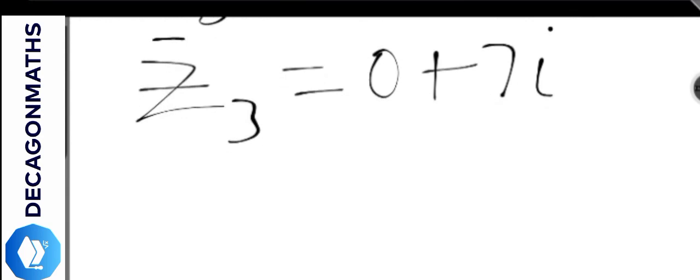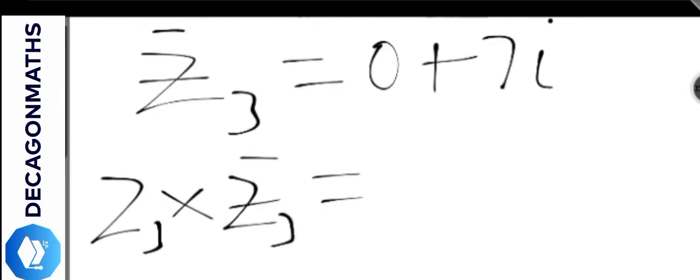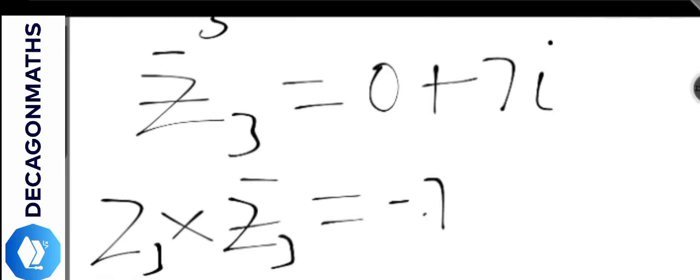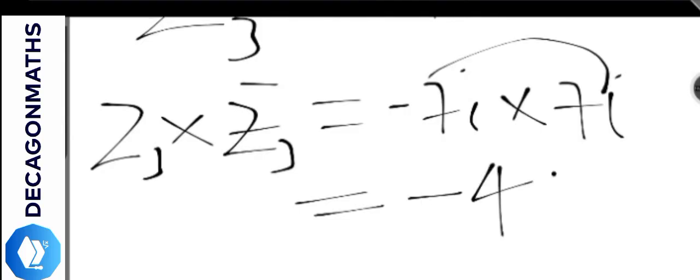Alright, and then let's multiply. We have z3 multiplied by z3 bar equals, you can simply write minus 7i multiplied by 7i. You can just write that, because the 0 you can ignore. So minus times plus is a minus. 7 times 7 is 49, and i times i is i squared.